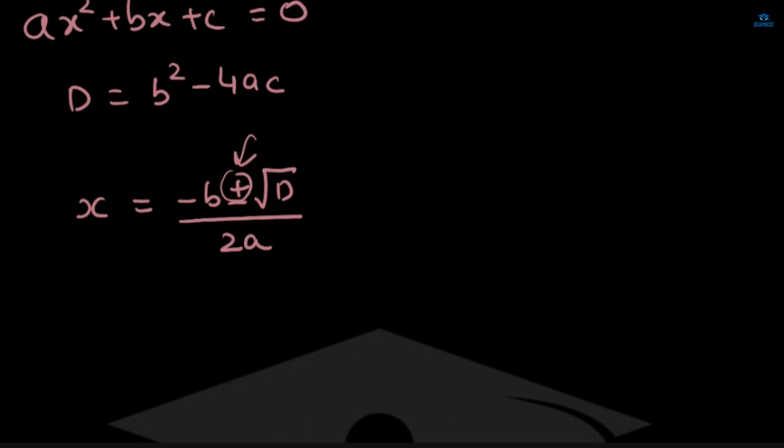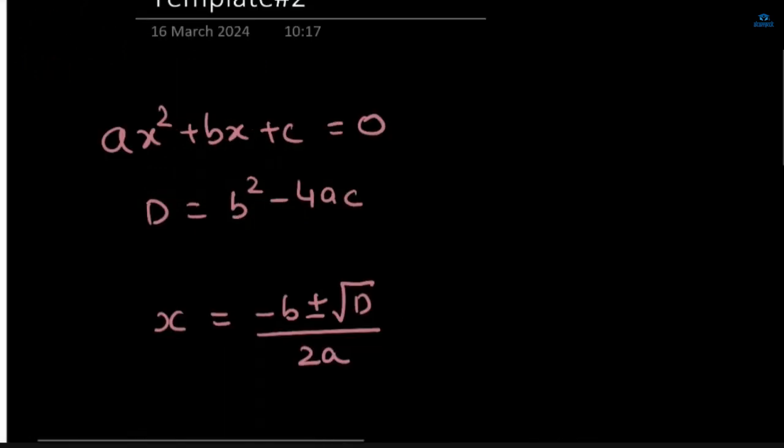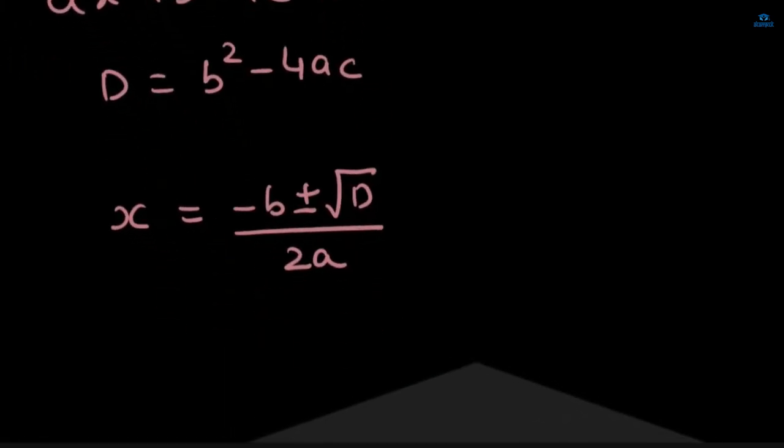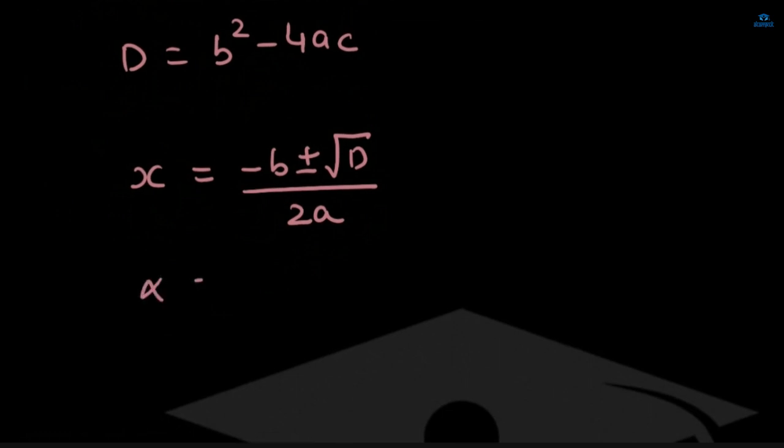And in the second case, when we subtract it, it will give us the value for beta. Do you understand that? Alpha would be equal to minus b plus root D upon 2a, and beta would be minus b minus root D upon 2a.